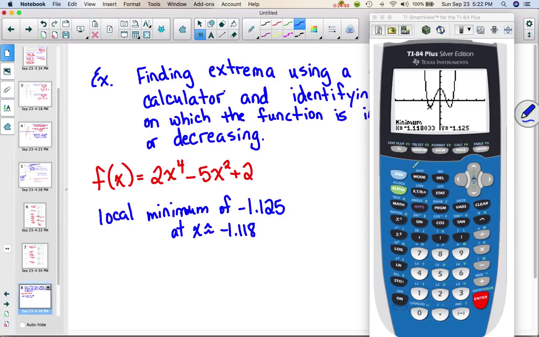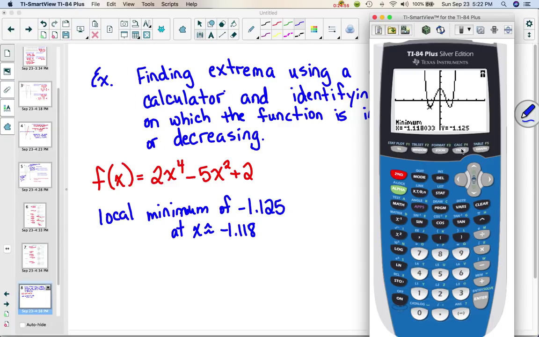Then I can come back over here and do second calc, max. You'll see it's the number 4. And it will ask me for a left bound. Now, instead of doing the arrows, you can actually use numbers. So if I type in a negative 1 for my left bound, enter, and then I'm going to type in a 1 for my right bound, and then I'm going to type in 0 for my guess because it looks like that's where it is.